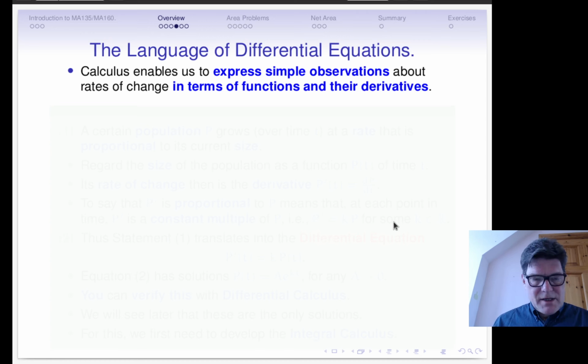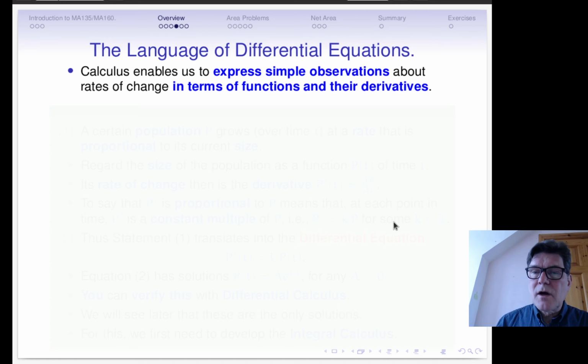The message here is that the language of calculus enables us to express simple observations about real-world phenomena, about rates of change in real-world contexts in terms of functions and their derivatives.